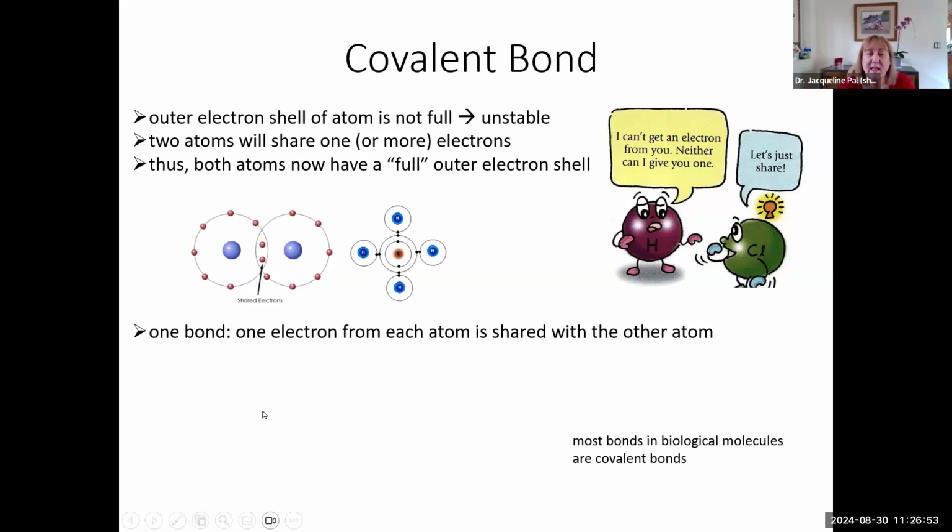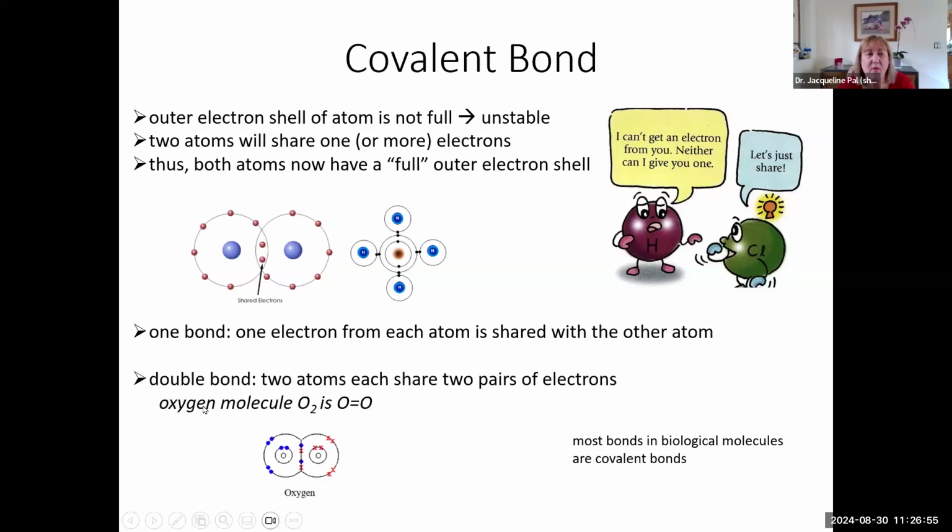But covalent bonds can also be sharing more than one bond. They can share double bonds. An example of this is an oxygen molecule, where oxygen, which has 6 electrons in its outer shell, is going to share 2 electrons with another oxygen atom. So those are covalent bonds.